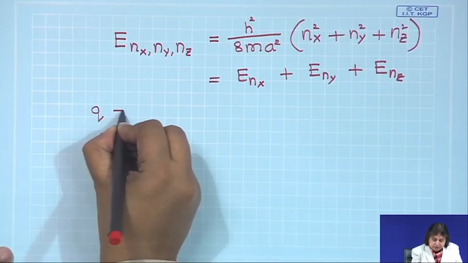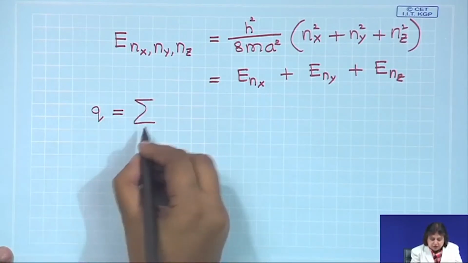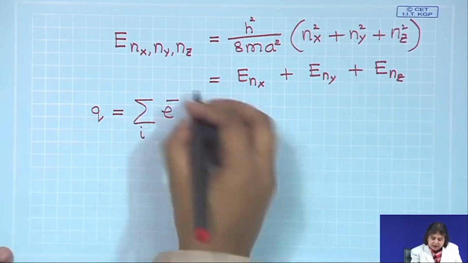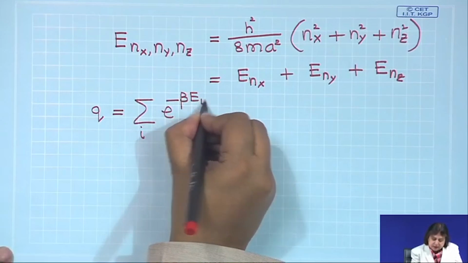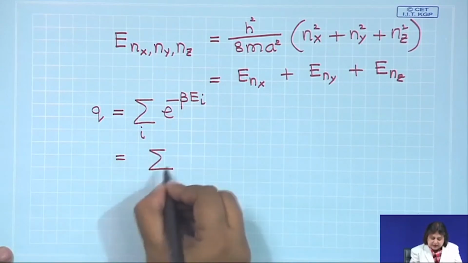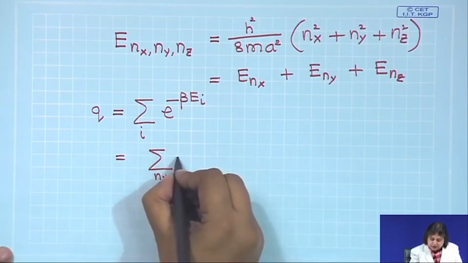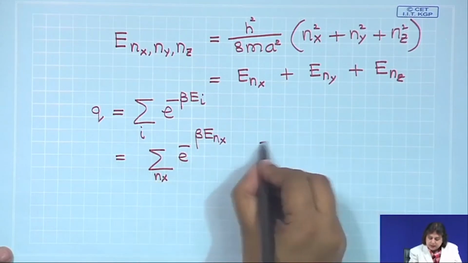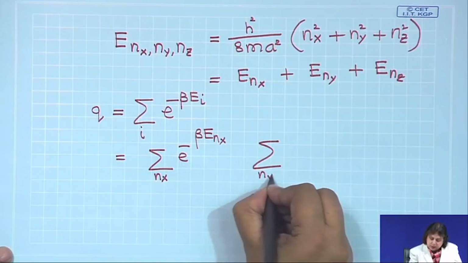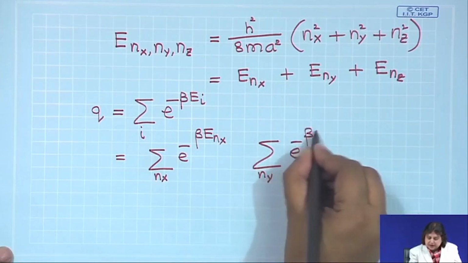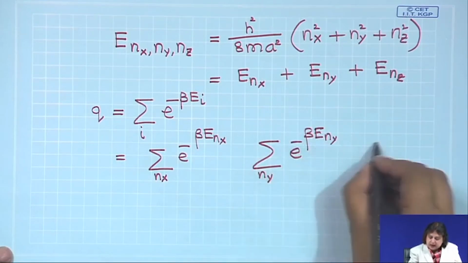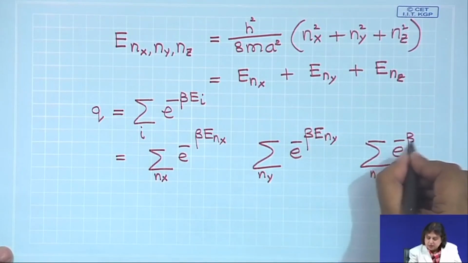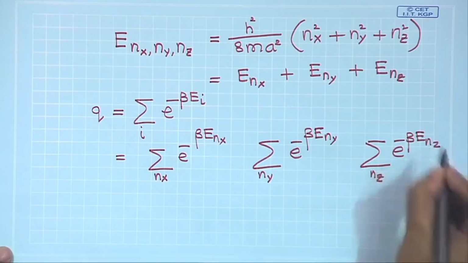So, what is small q? Now, small q is summation over all possible energy eigenstates of e to the power of minus beta Ei. Now, this can be written very easily as summation over all possible values of nx of e to the power of minus beta Enx, similarly summation over ny of e to the power of minus beta Eny, and the summation also goes over nz, giving you e to the power of minus beta Enz.